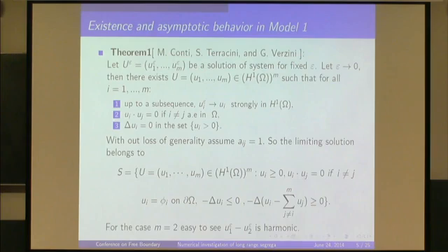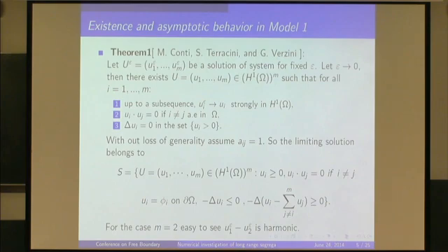If I assume aij is 1, then the limiting solution will belong to this set, and it has been shown that it has only one m-tuple u1 to um. So we have uniqueness even for the limit when epsilon goes to 0.